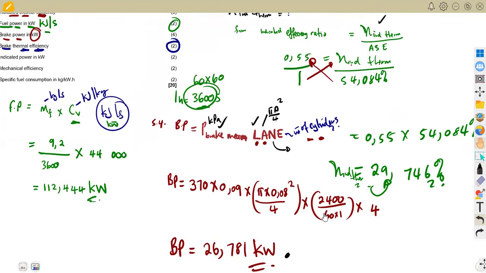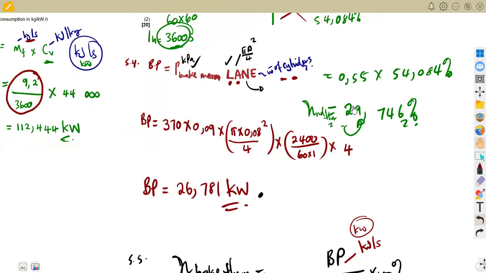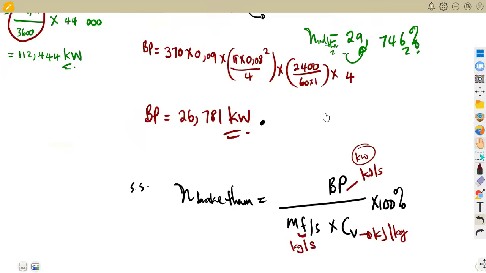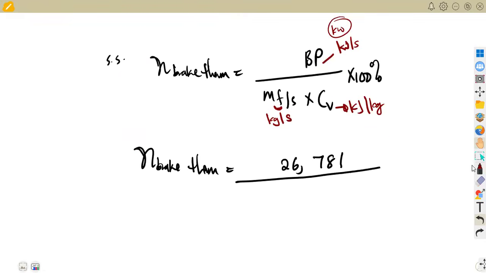Don't fight with the formula. I talked about this mass of fuel previously. Remember, it was kilograms per second. When you converted, it gave us 9,2 over 3,600. So that's 9,2 over 3,600 times the calorific value.